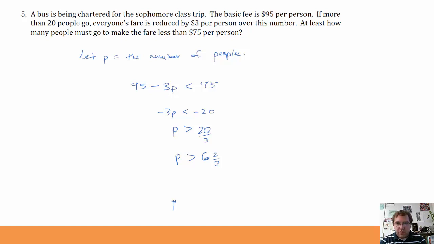Well, I can't have 6 2/3 of a person, so I need at least 7 more people in order to get the fare lower than $75. So to answer the question, at least 27 people must go.